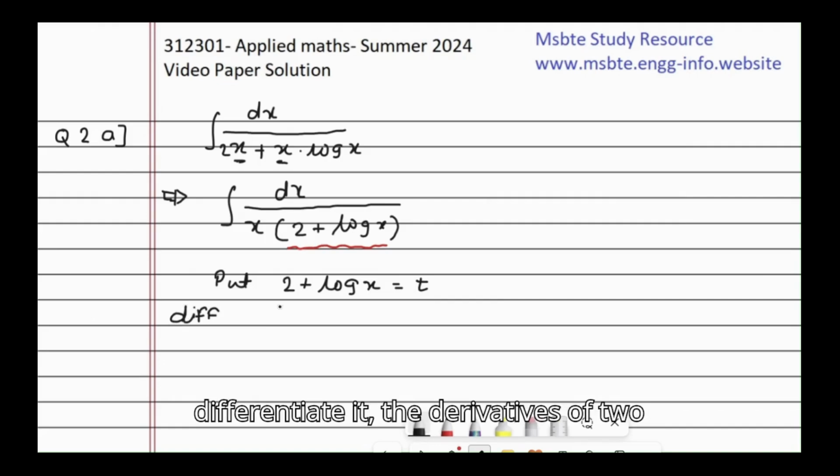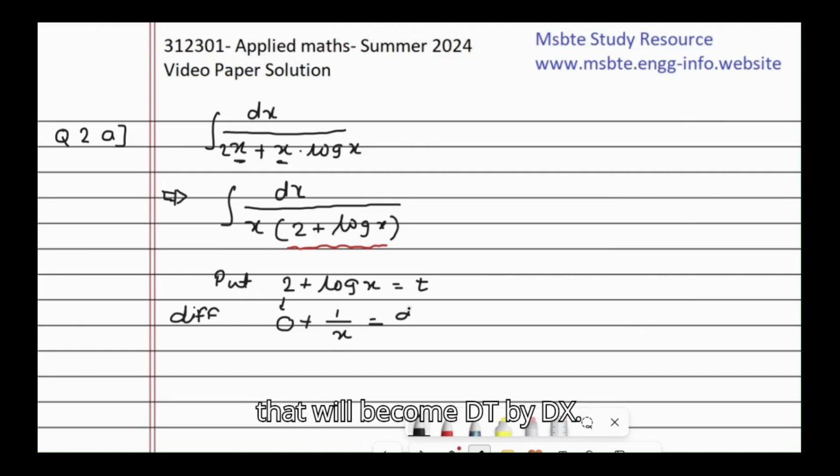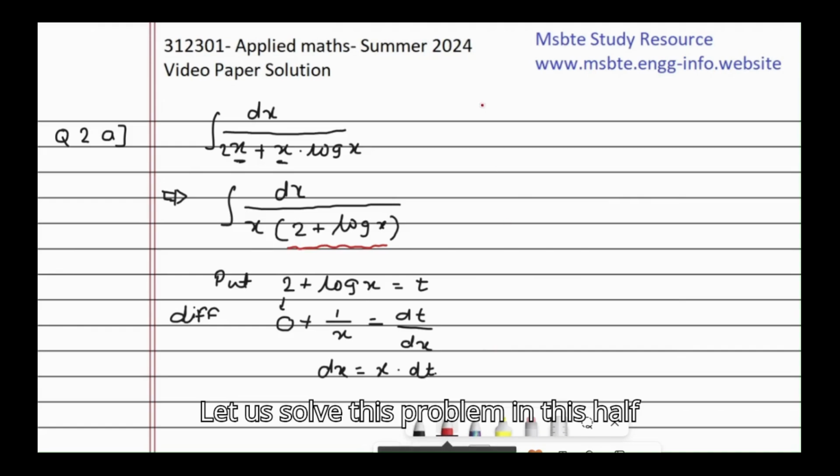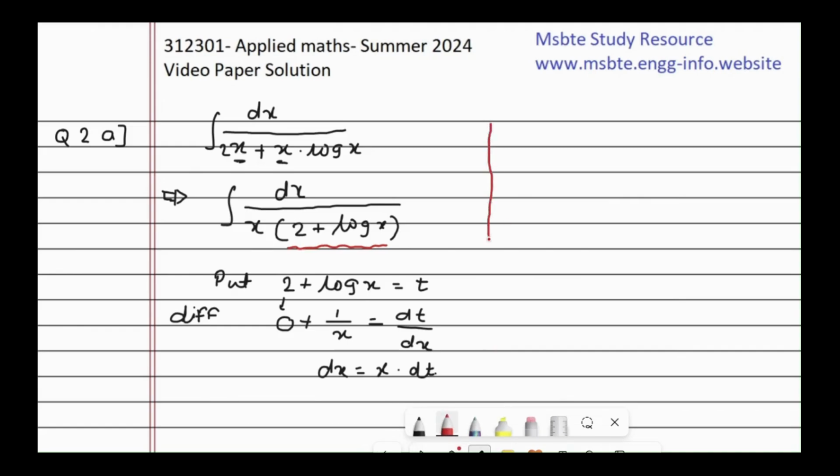If we differentiate it, the derivative of 2 will be 0 plus derivative of log x will be 1 upon x. So that will become dt by dx. And if we simplify further and cross multiply, dx will become x into dt. Let us solve this problem in this half part.